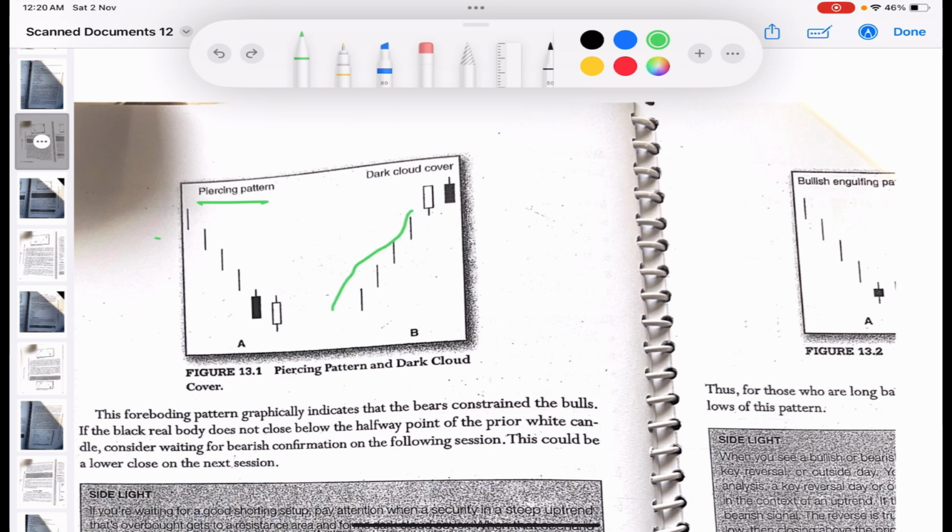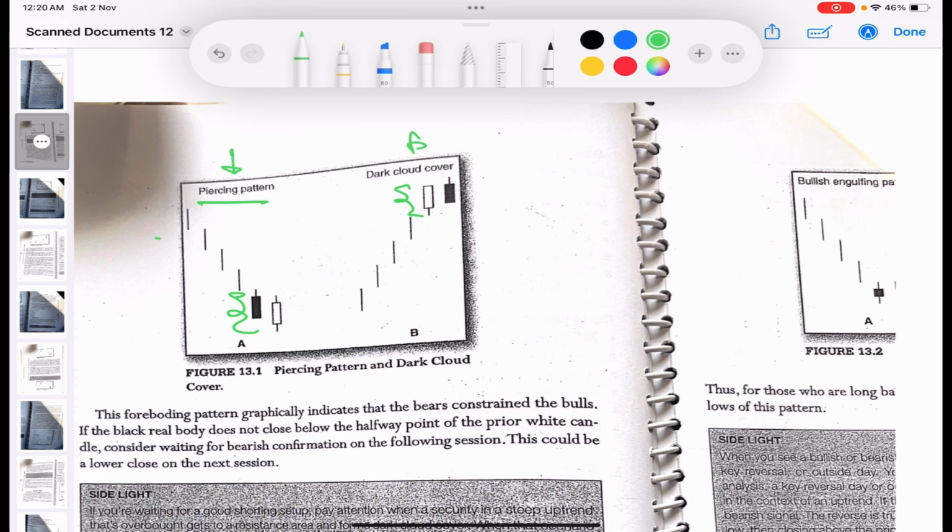An uptrend is going on, and suddenly there's a normal white candle, and then there's a black candle which covered almost three-fourths of the last candle. Even here, you can see three-fourths of the last candle has been engulfed. So that is the piercing pattern, and this is the dark cloud cover.